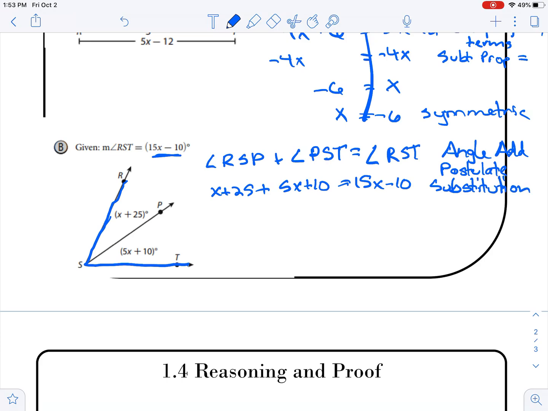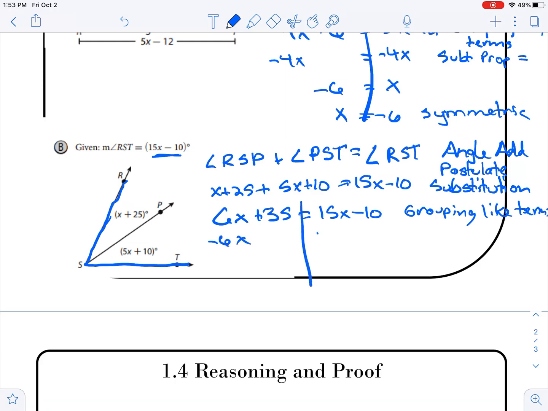We combine like terms, so x plus 5x is 6x. 25 plus 10 is 35. Okay, and this was grouping like terms. And now we solve. So we subtract 6x. So this would be the subtraction property of equality.